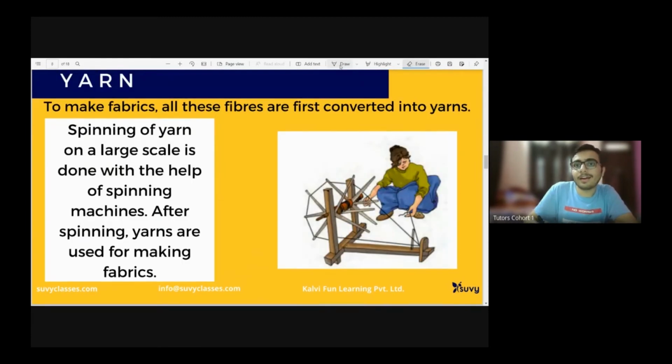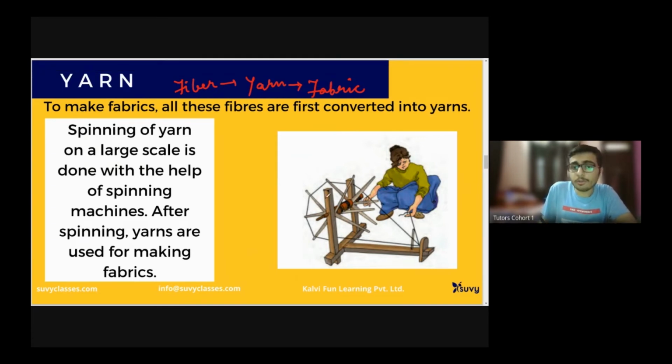Now yarn. As I said earlier, we are converting fiber to yarn and then to fabric. Children, this flowchart should be in your mind while studying this chapter. When you know this flowchart, you will easily do this. You might have seen this device. This is a charkha. Gandhiji used to use it a lot.